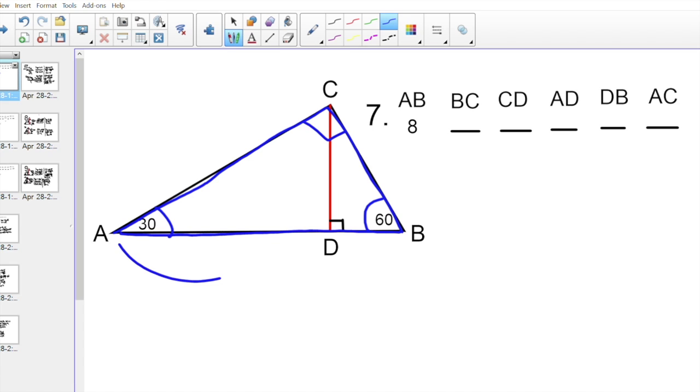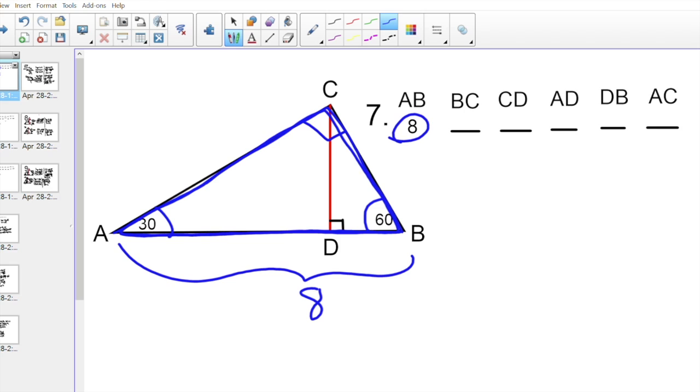And they are telling us that the length of AB is 8, and they want you to determine the rest of the sides. Now stay within the blue triangle, the big one.